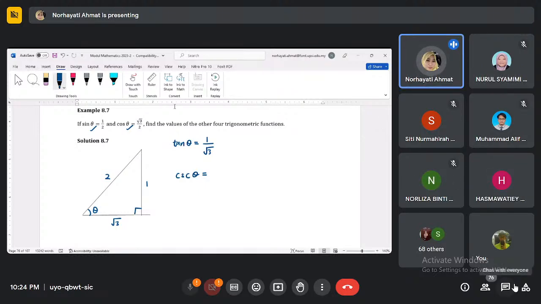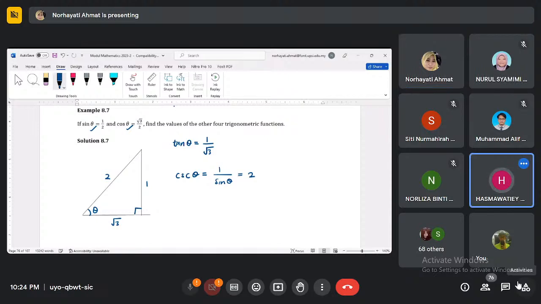Okay, Hasmawati untuk cosec theta macam mana? Cosecant theta sama dengan hypotenuse over opposite. So maksudnya dia 2 over 1, 2 per 1. Oh, maksudnya cosec ialah 1 per sin theta kan? So dia 2 lah. Tak payah 2 per 1, 2. Okay, good.